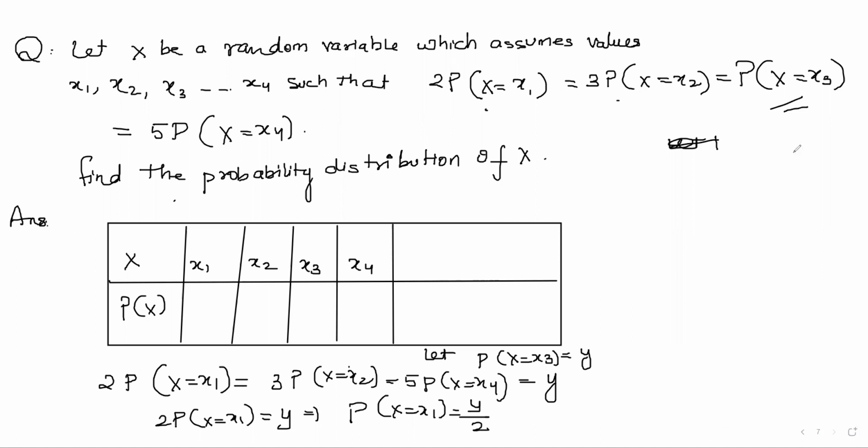Sir, is it 15 by 61, 10 by 61, 30 by 61, 6 by 61? Very, very good, Nabil. That's correct. It is 15 by 61, then 10 by 61, then 30 by 61, and then it is 6 by 61. Very, very good. Is it done?